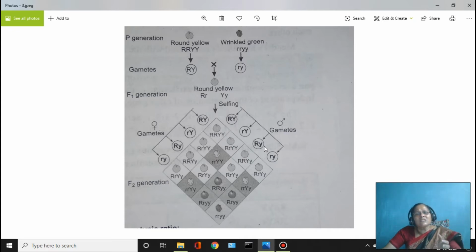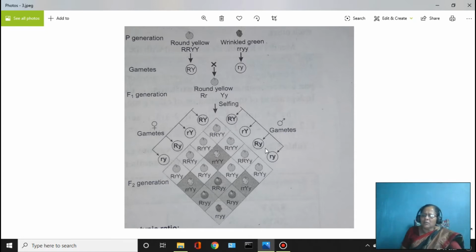On that basis he formulated the law of independent assortment. The law states that when a hybrid contains two or more characters, at the time of gamete formation these characters can segregate and assort independently to the gametes.